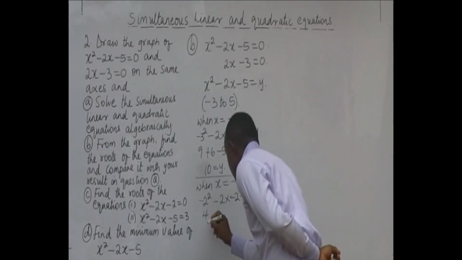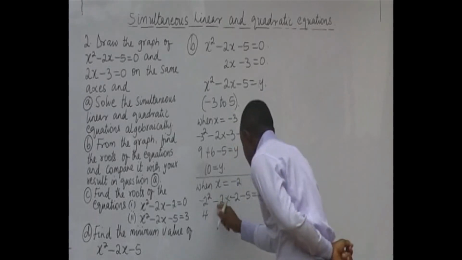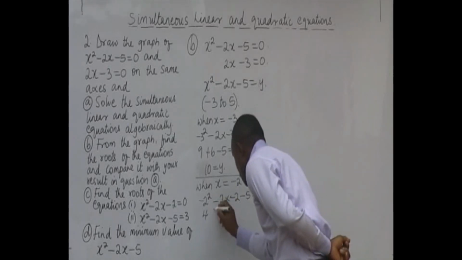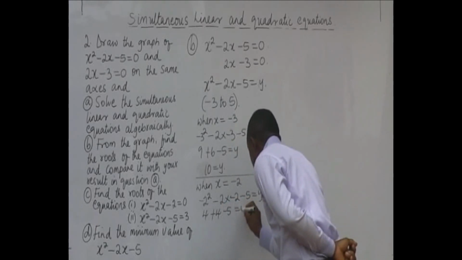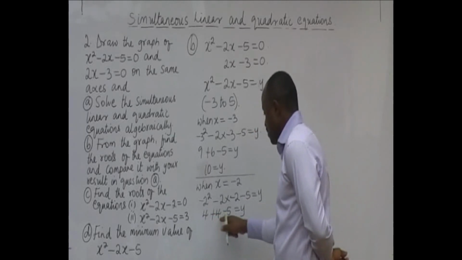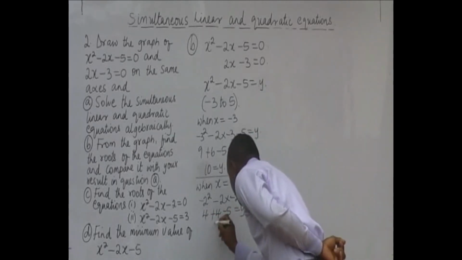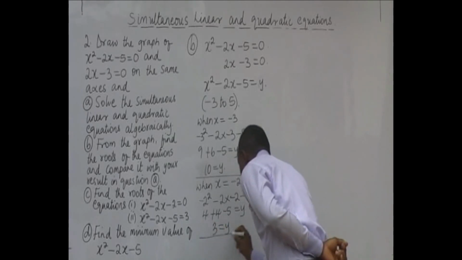Here we have 4, minus 2 times minus 2 is plus 4, then minus 5 is equal to y. 4 plus 4 is 8. 8 minus 5 will give you 3. So we have that y here is 3.